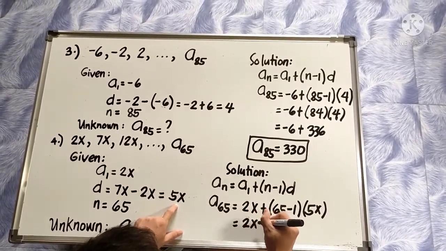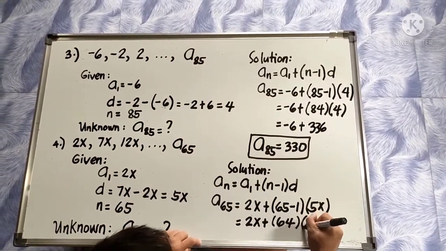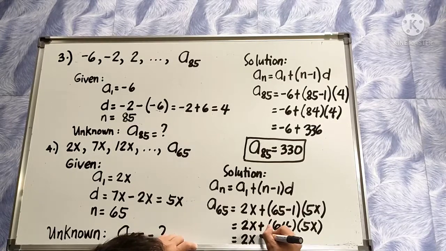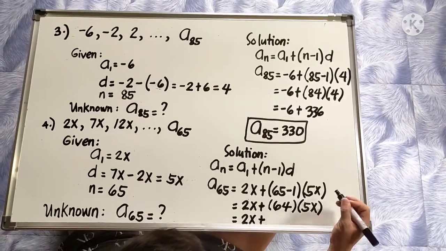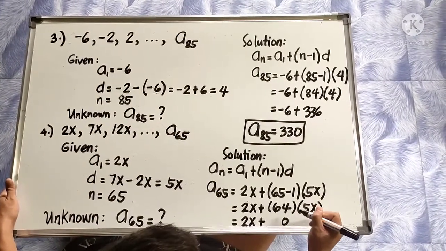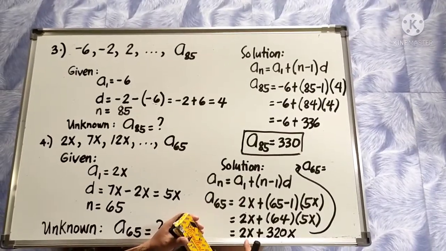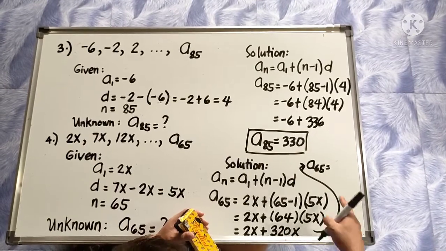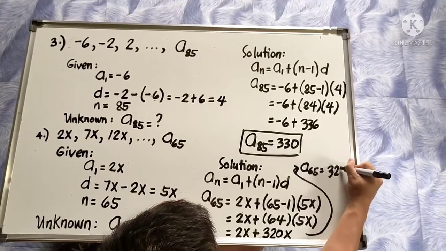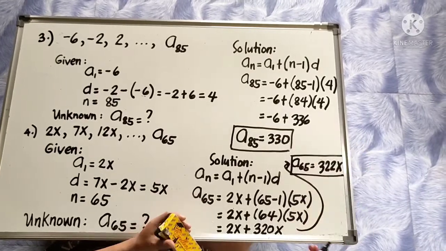This becomes 2x plus 65 minus 1 is 64 times 5x. So it will become 2x plus 64 times 5x, that would be 320x. 2x plus 320x, I'll just be writing the answer here, is equal to 322x. So 322x is our 65th term.